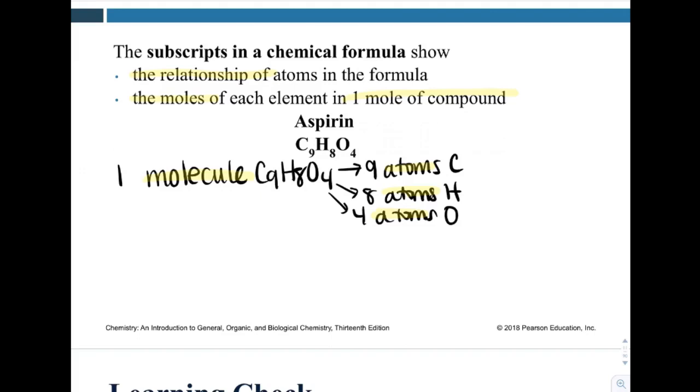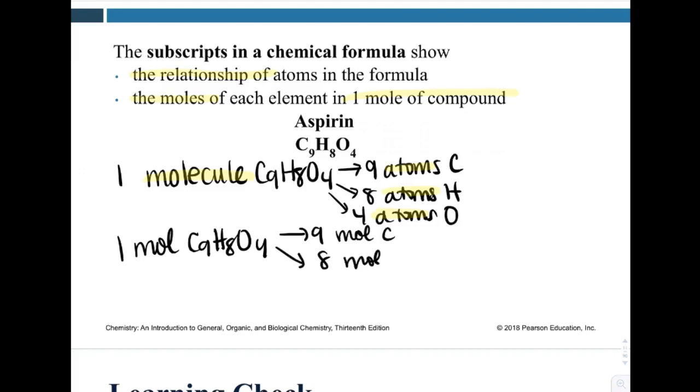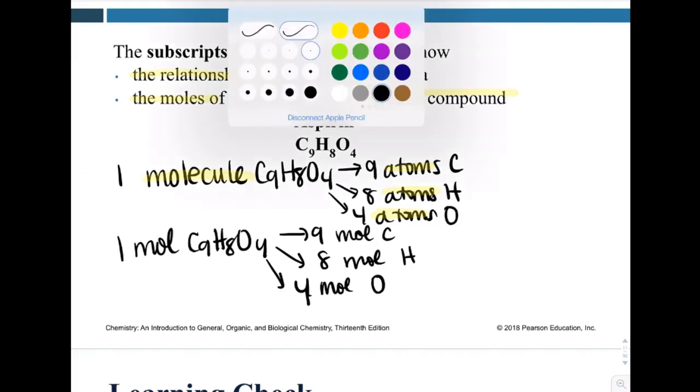They can all be moles. And so in 1 mole of aspirin, you can have 9 moles of carbon and 8 moles of hydrogen and 4 moles of oxygen.